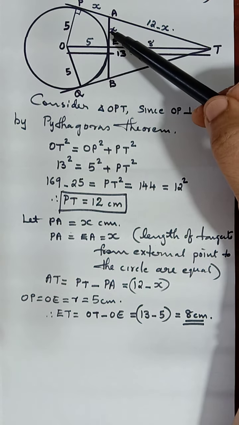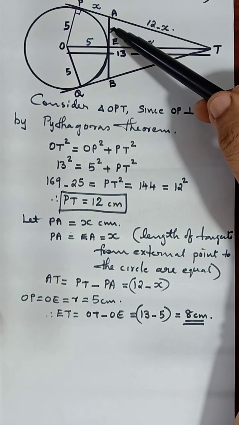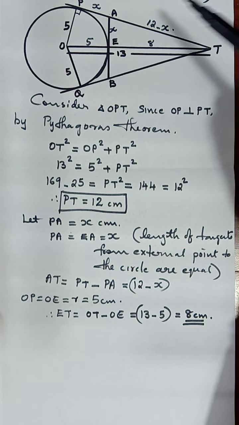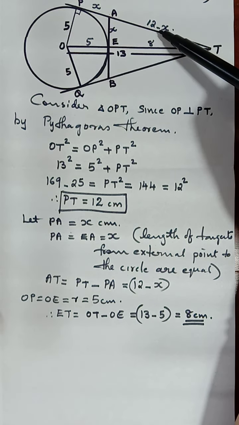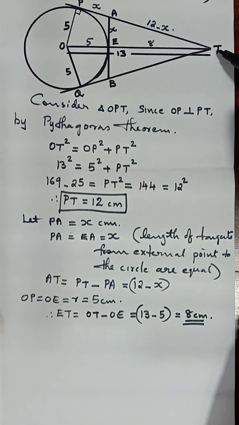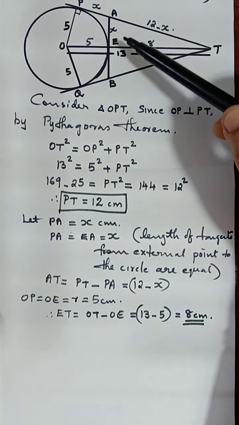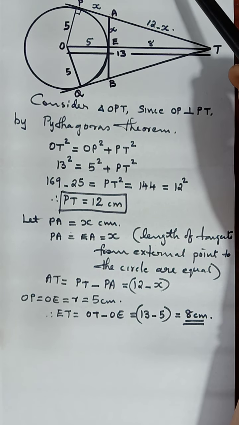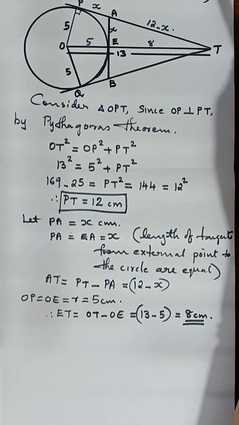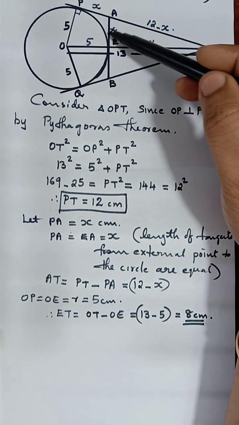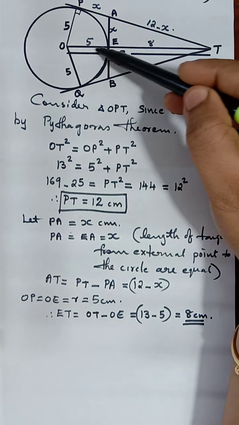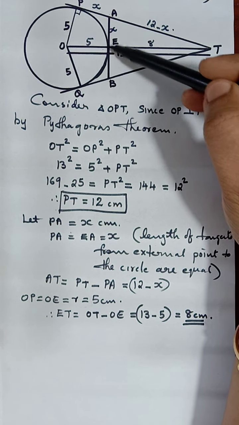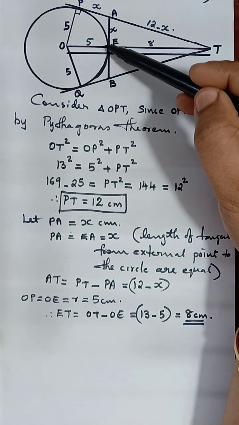So our idea is finding X now. So we got the value X here as AE. Then AT is 12 minus X and ET is 8. Therefore, this is also a right triangle. We know that. Here it is written: if AB is a tangent to the circle at E, tangent is always perpendicular to the radius.